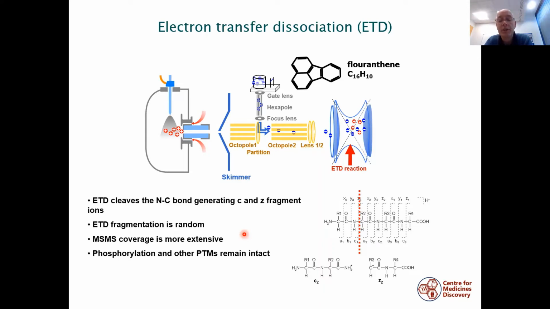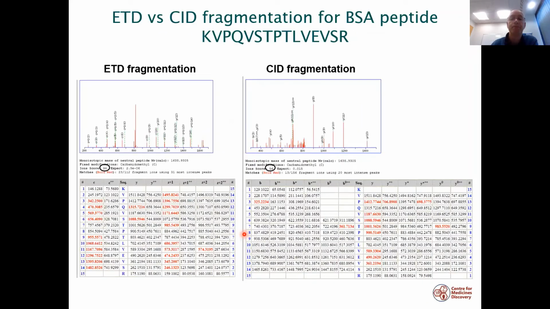So it's a more gentle technique, and there is potential for fewer ambiguous assignments. If you compare the two techniques, ETD versus CID, you can see the difference. The coverage is more extensive with ETD, it's more even, and the Mascot score is higher. So that's good from the mapping point of view.